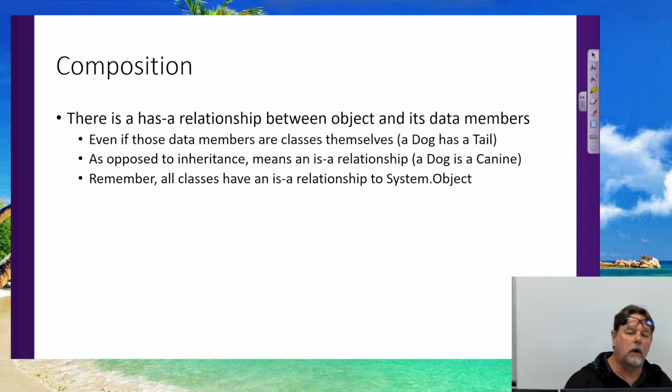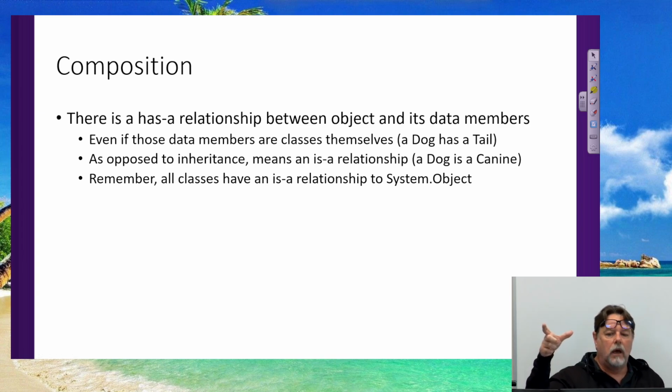Composition means that an object is composed of other objects. So a dog object has a tail object. All that means is there's something called a tail, like class tail, and dog is going to have a variable that is an instance of a tail. So the dog object has a tail object. It's composed of a tail object.